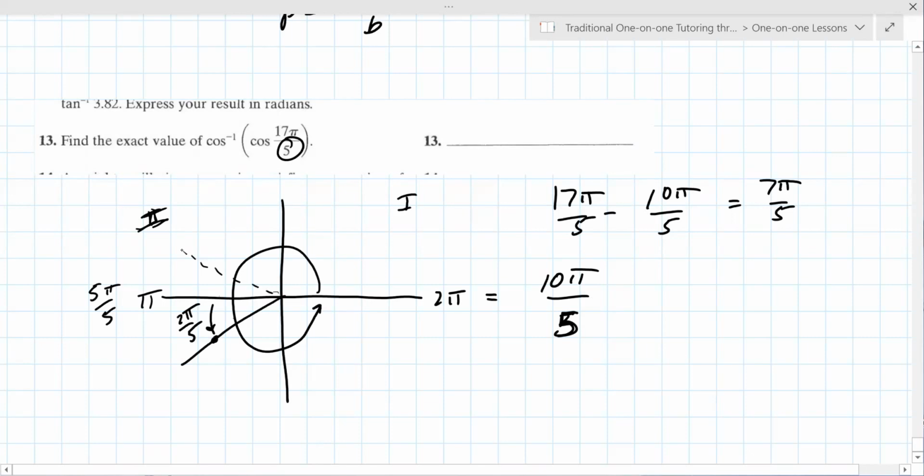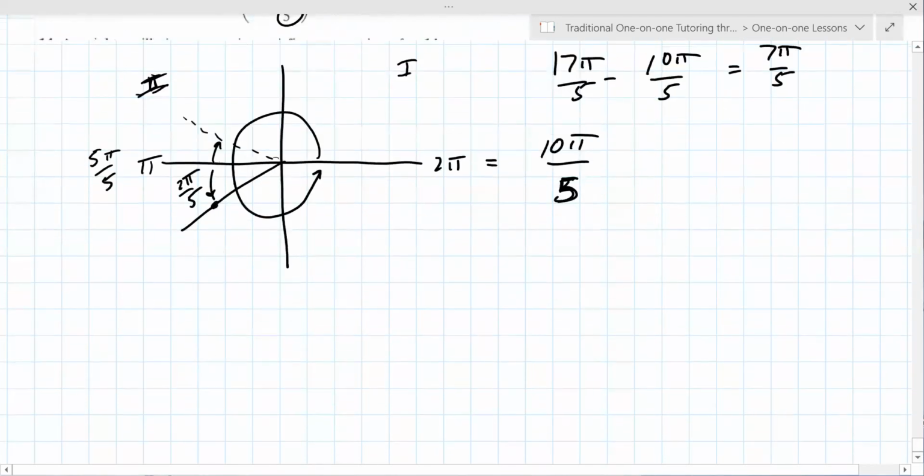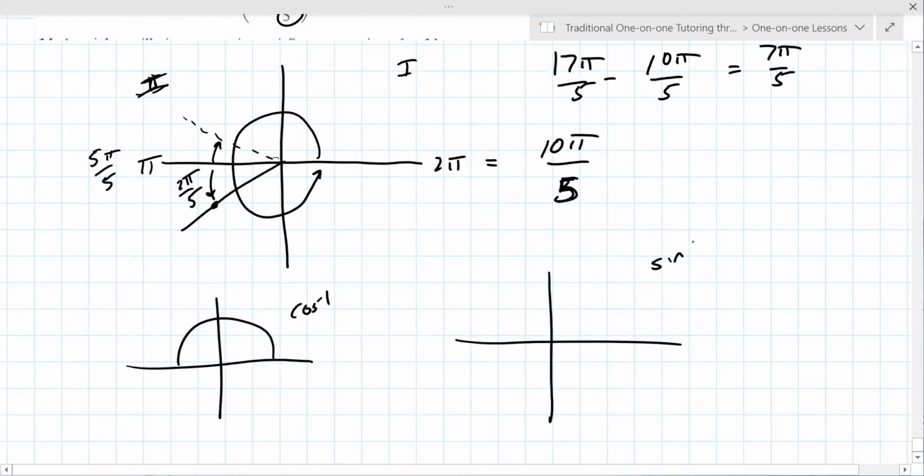That's not great on my part, but that's yet another thing to remember is where cosine inverse is defined, and then sine inverse and cosine inverse. They're only defined over here. Don't know if that'll help, but all right. Well, we did run out of time.